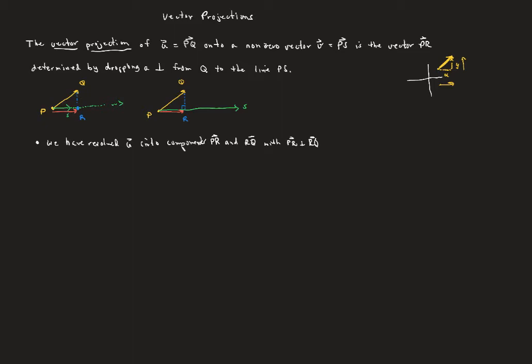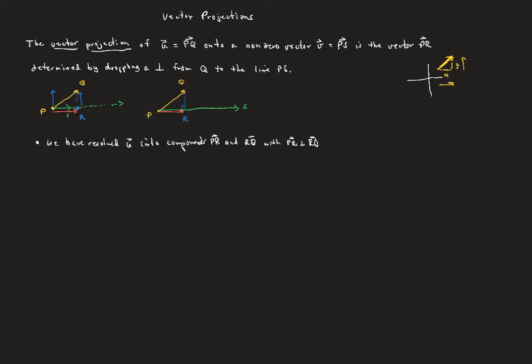We could also take our vector PQ and say we have part of it, the red part, going in the direction of the vector PS. And remember, this RQ can be slidable. I don't know if it helps to see it this way, but we could think of RQ as perpendicular to PS.